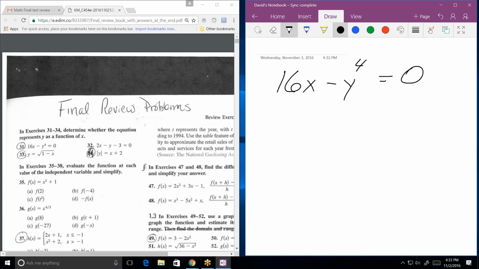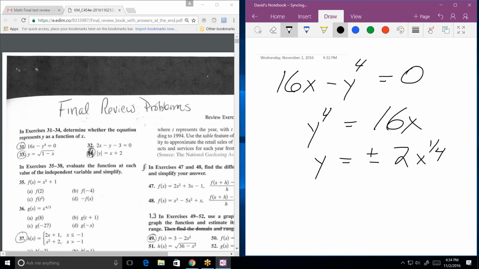The problem is if I solve it for y, I have y to the 4th equals 16x. And if I take the 4th root of both sides, I get plus or minus 2x to the 1/4. So it's not a function of x.